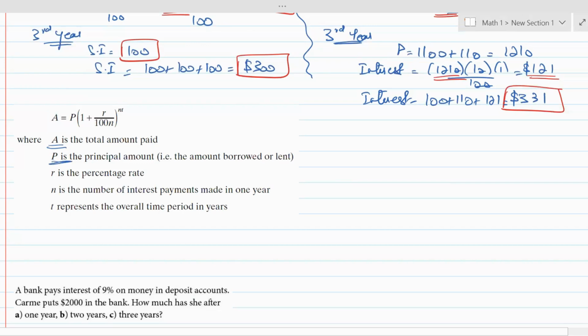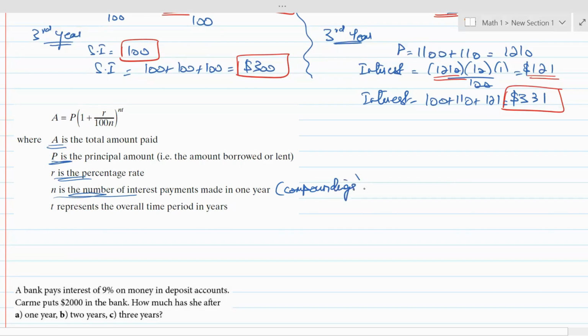P is the principal, R is the percentage rate, N is the number of interest payments made in 1 year. Now, number of interest payments or number of compoundings, they both mean the same thing.